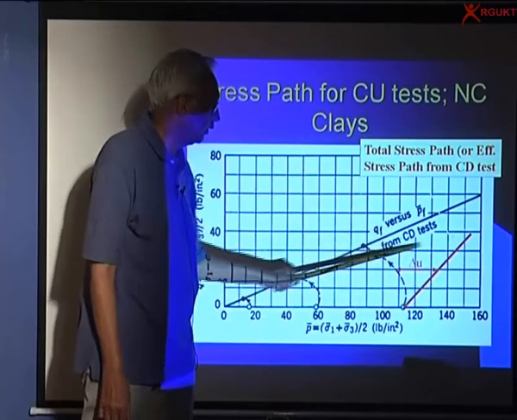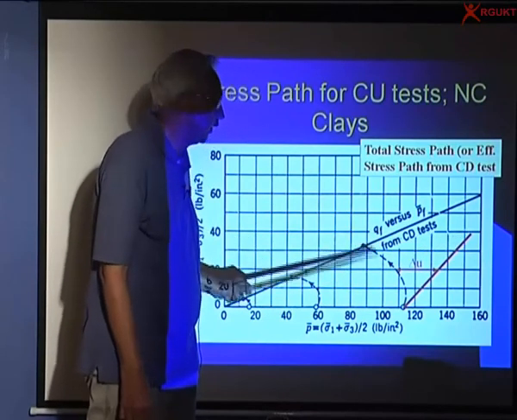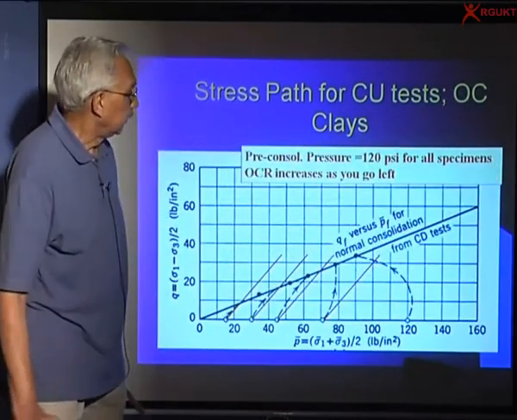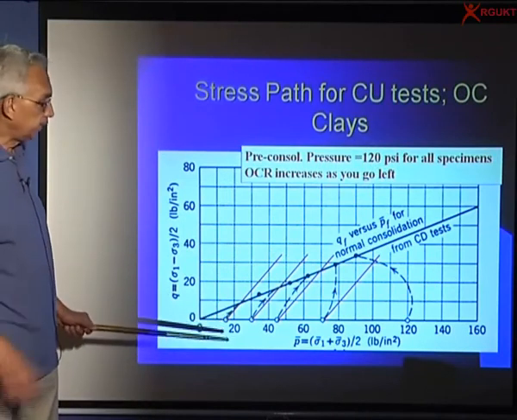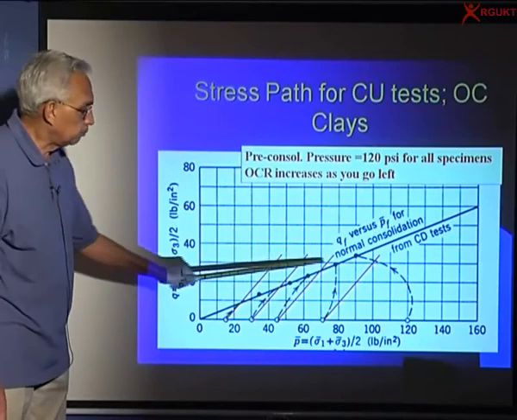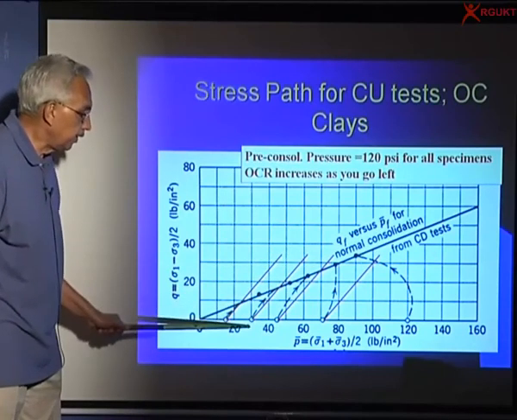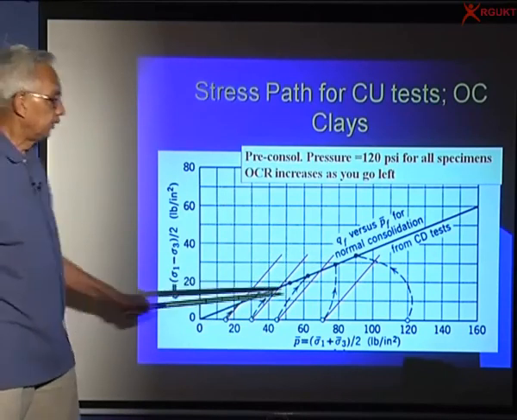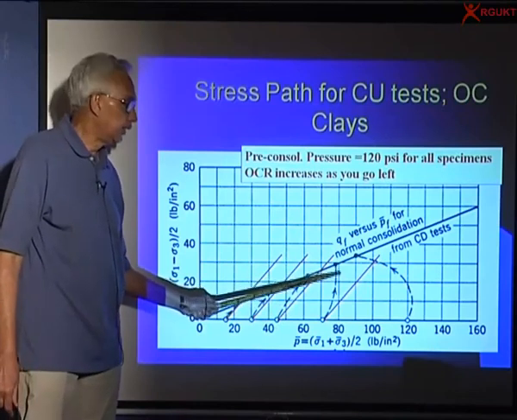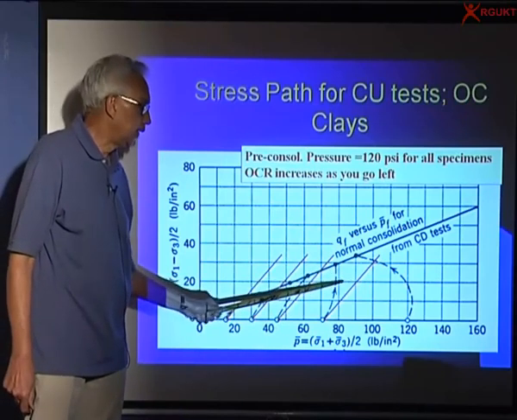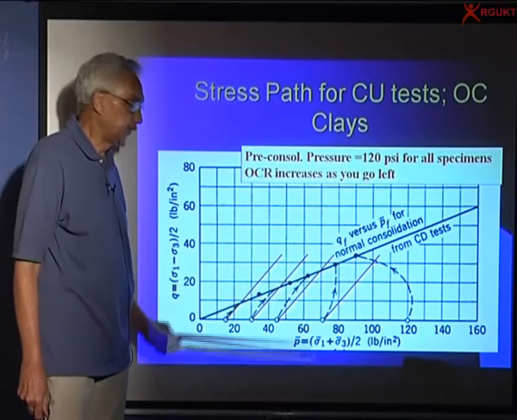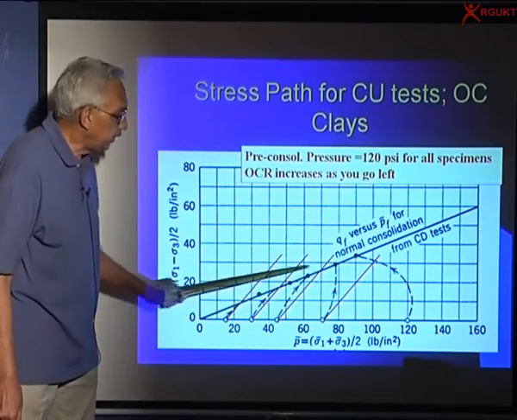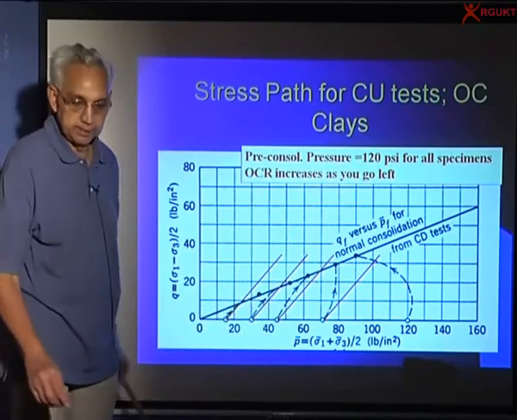And the pore pressure increases at failure, it's the largest value. In case of over-consolidated clays, the pore pressure is negative, so the effective stress path moves to the right and not to the left. So this is the total stress path and this is the effective stress path, and that means because of the negative pore pressure, effective stresses are high and you get a very high strength for over-consolidated soils.